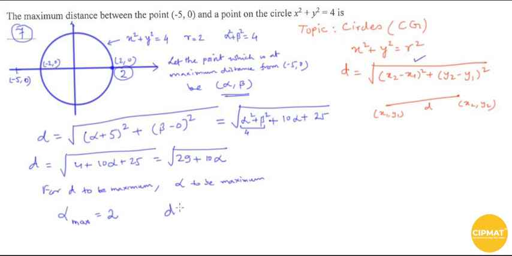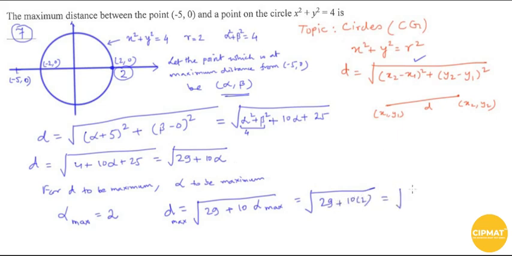Now if you want to find the maximum value of d, that will be the square root of 29 + 10 alpha max, and that will be 29 + 10 into 2, which gives me the square root of 49, and we know the square root of 49 is 7. So this is your answer.